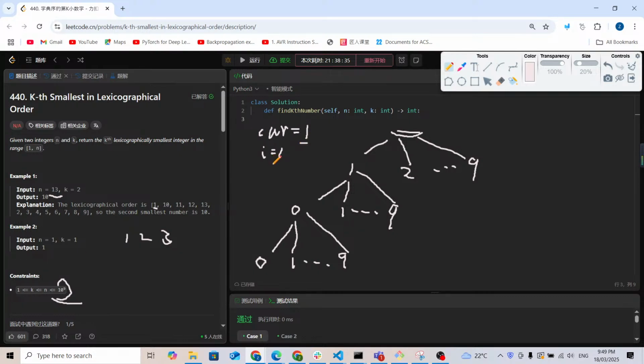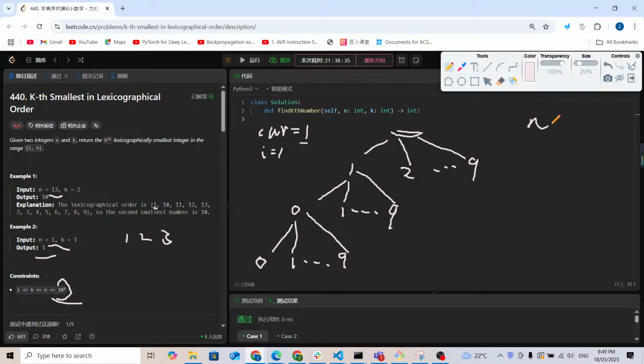If i equals 1, this means if n equals 1, we directly return 1, because k equals 1, it is the first number. If i equals 1 and current equals 1, it means n equals 1 and k equals 1, and this is our second example, so we directly return 1. But what happens if n is a really big value?